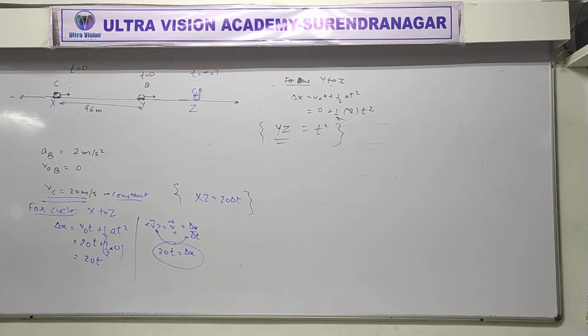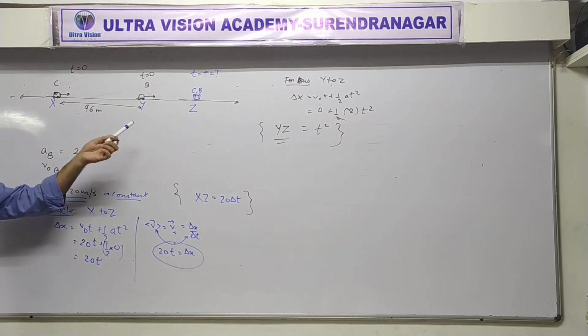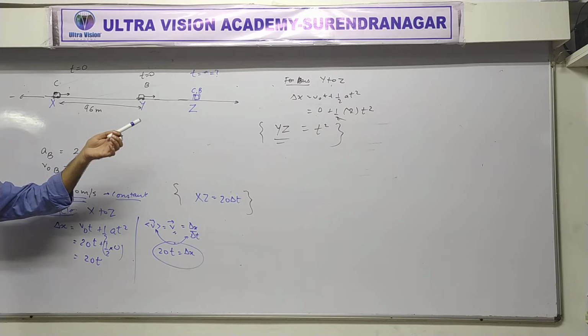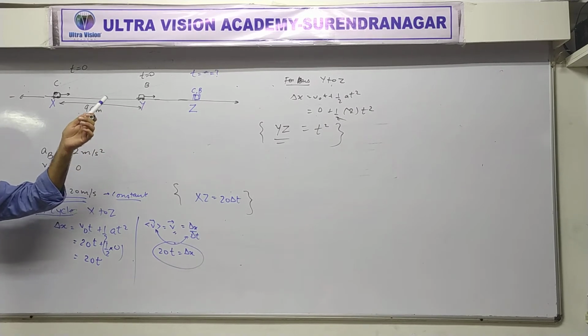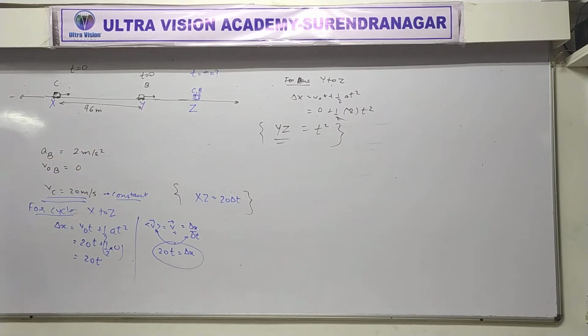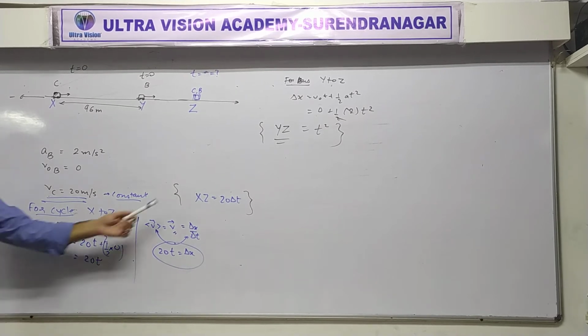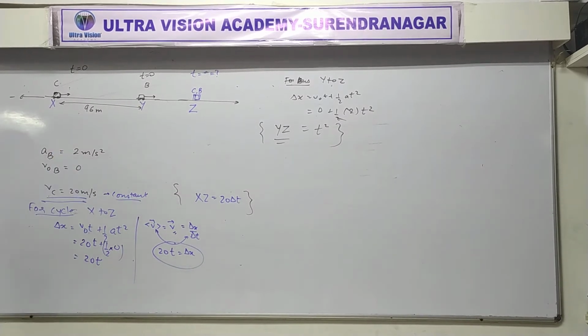Simple geometry, very easy. It should click. Look at this diagram. Any relation between XZ, YZ and whatever is given up here? Yes, XZ minus YZ will be equal to XY, that is 96.